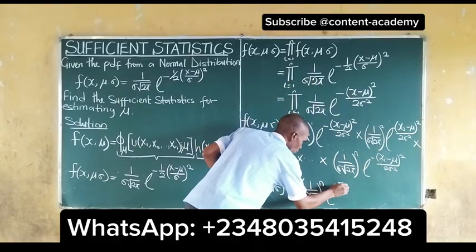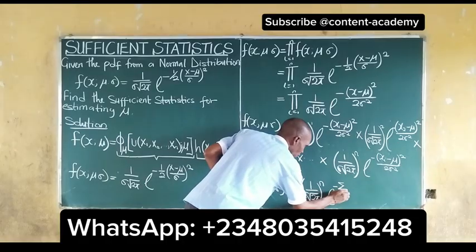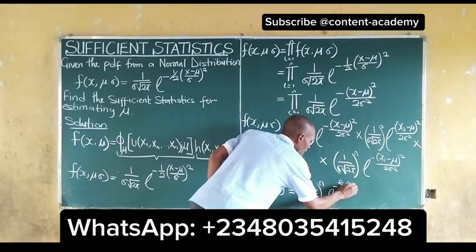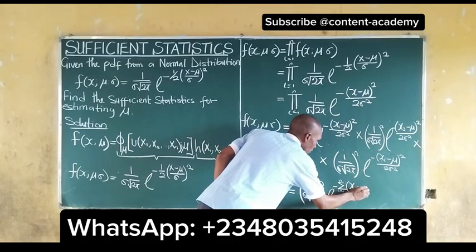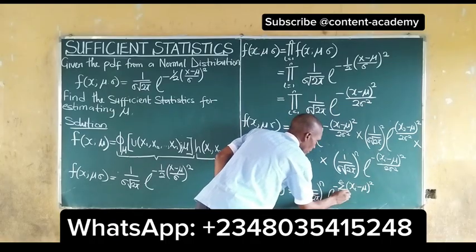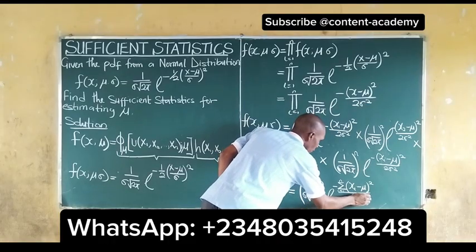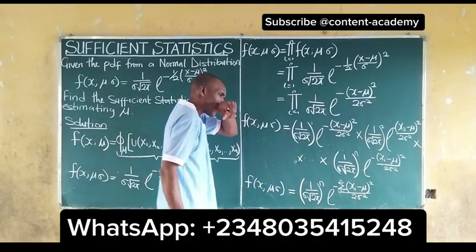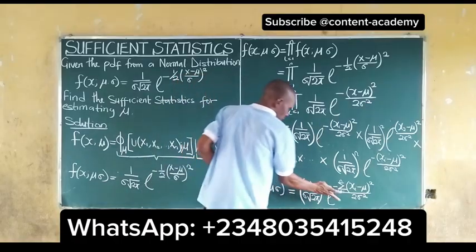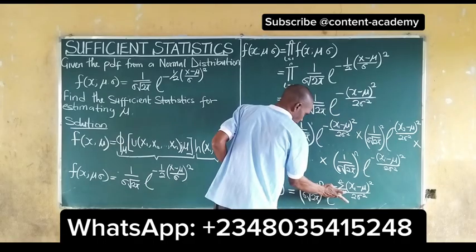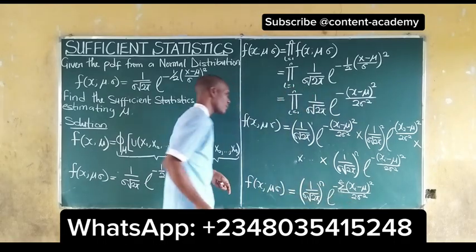We get summation of i running from 1 to n, (xi minus mu) raised to the power of 2 all over 2 sigma squared. So this is what we get.